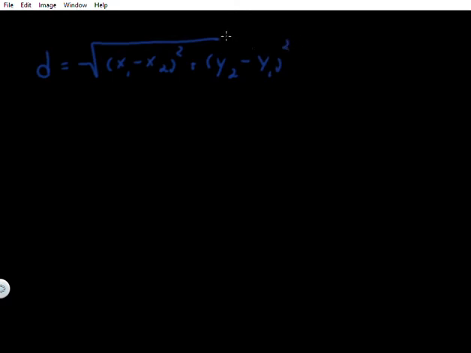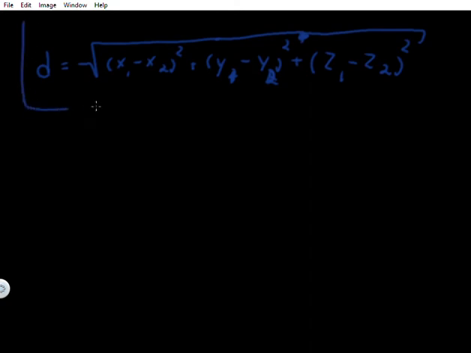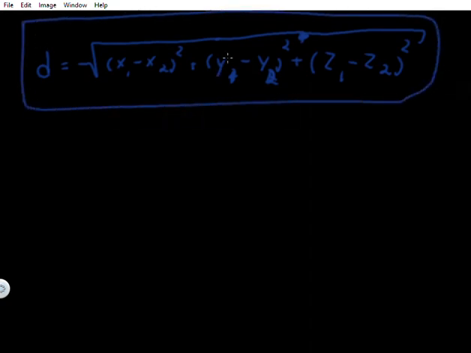This was on the xy plane, right? Guess what it is in 3 dimensions? All we have to do is tack on plus (z1 minus z2) squared. That's it, because now we just have another dimension. So this is a very crucial formula. This is how to find the distance between any 2 points in 3-dimensional space.